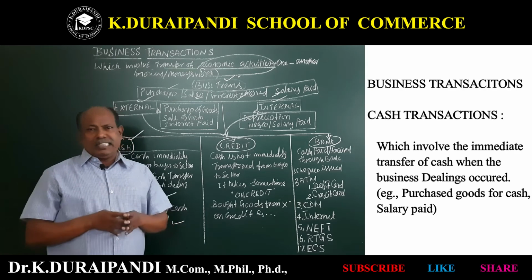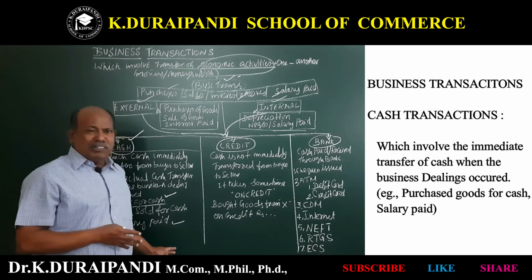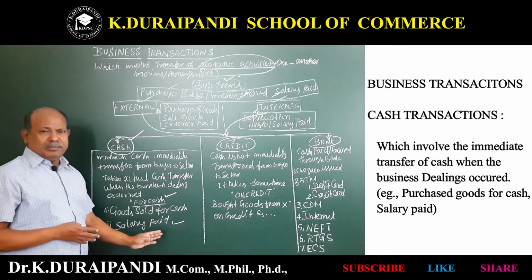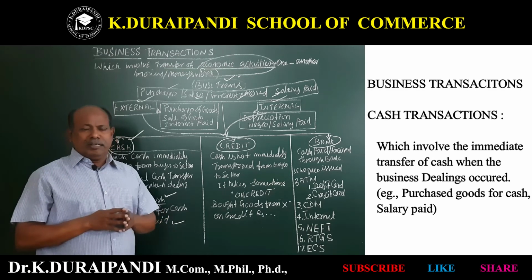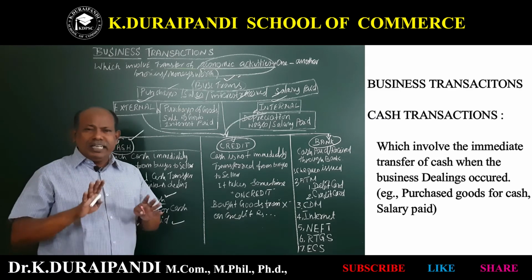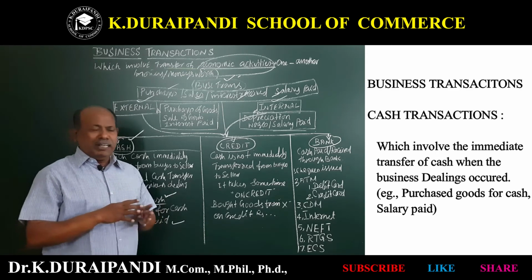Here, the words "for cash" are not found in this transaction, that is salary paid, even though it is a cash transaction, because all nominal accounts are received as well as paid in the form of cash.